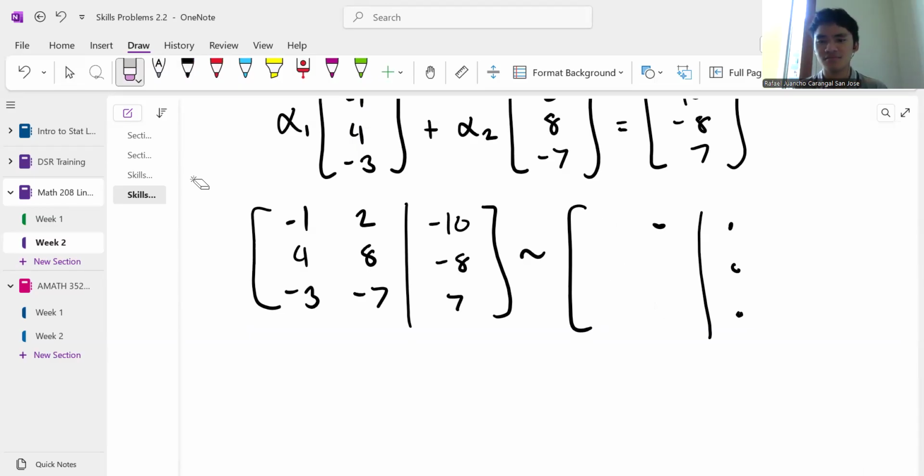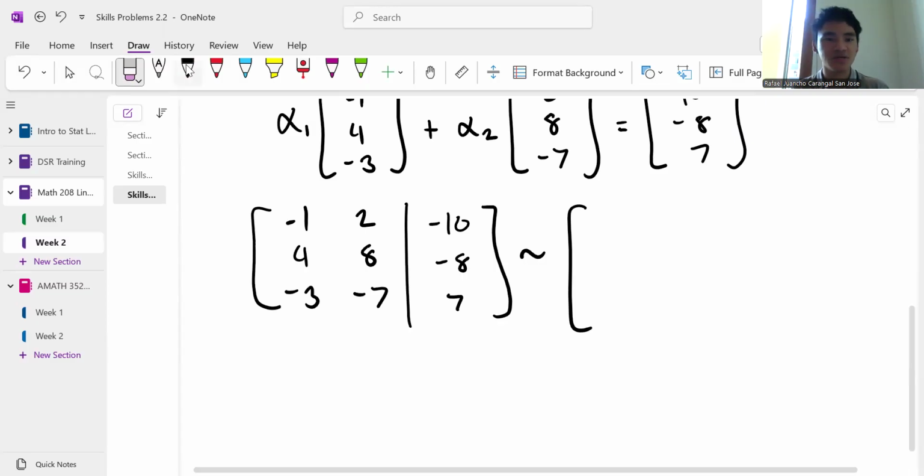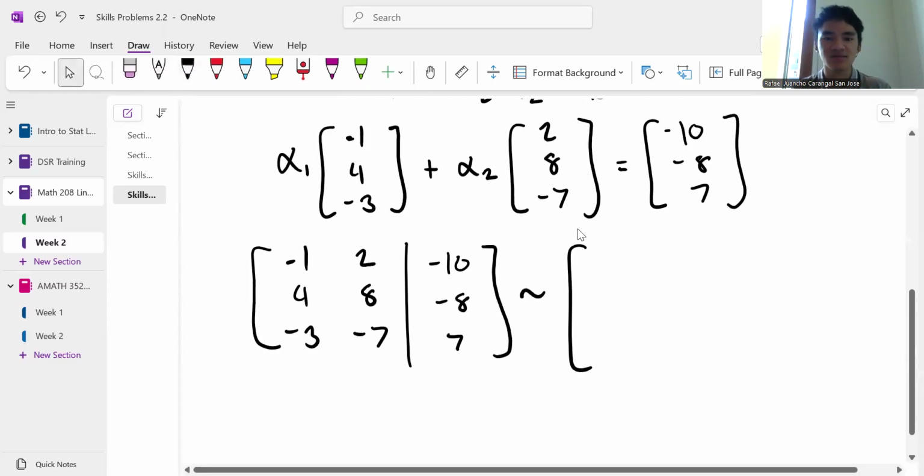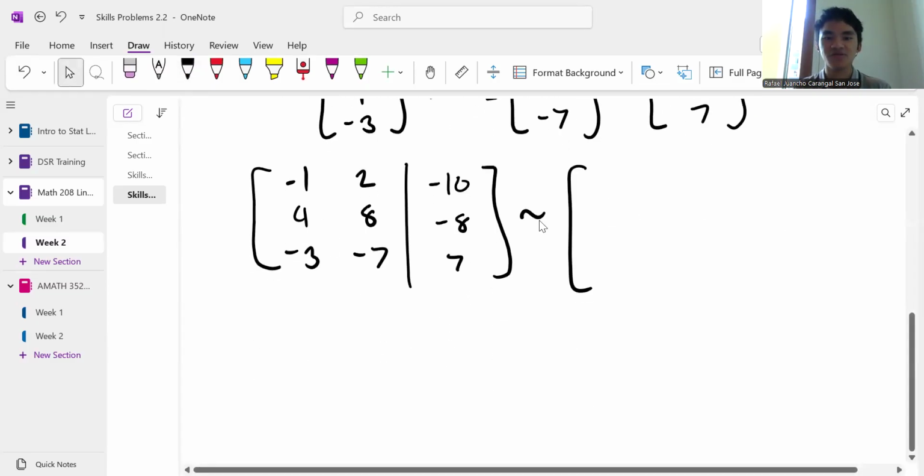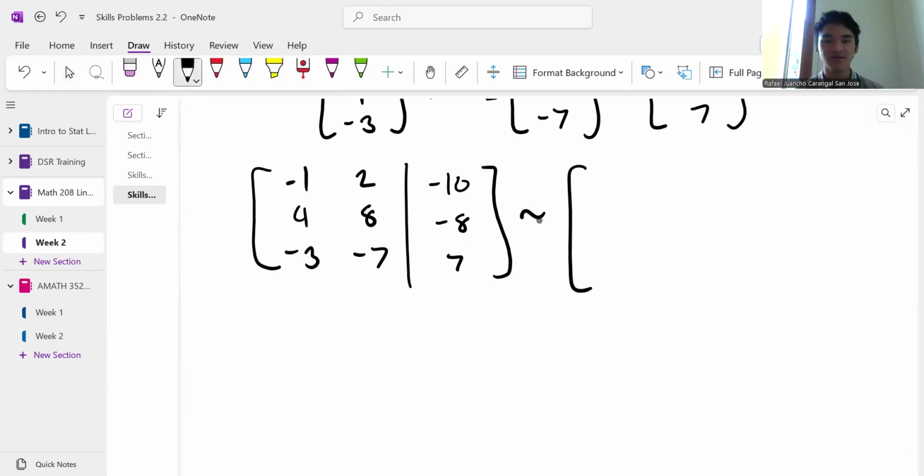Right? So I'm going to show that in a bit. But for now, we need to use some Gaussian elimination techniques, and we have 3 of them, right? We can switch rows. We can multiply a row by some scalar, and we can also add and subtract one row from the other.